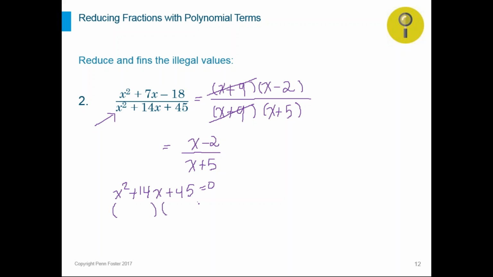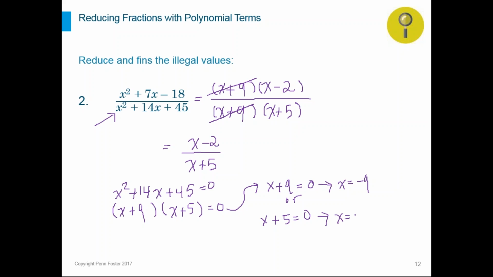I'm just going to use the same factors for the denominator, and then say, well, according to the zero property, either x plus 9 should equal 0, or another possibility is x plus 5 is 0. And then from there I say, well, x is either negative 9 or x is negative 5. These are the illegal values. If you plug in negative 9 or negative 5 in the denominator, it will make it undefined.